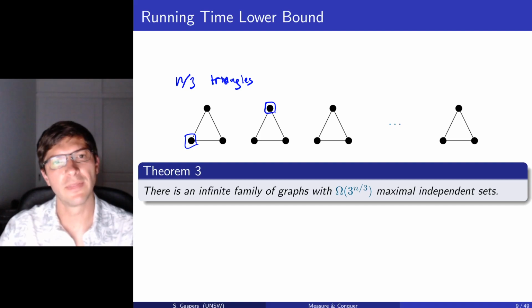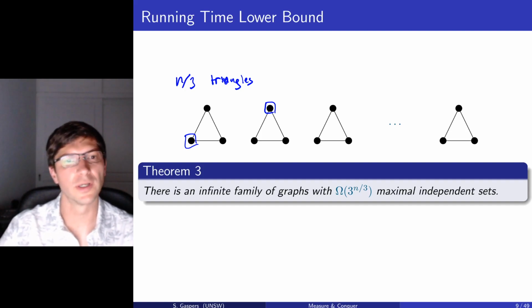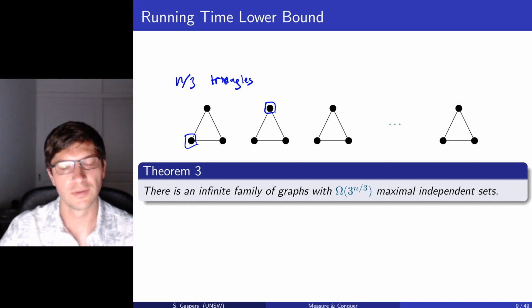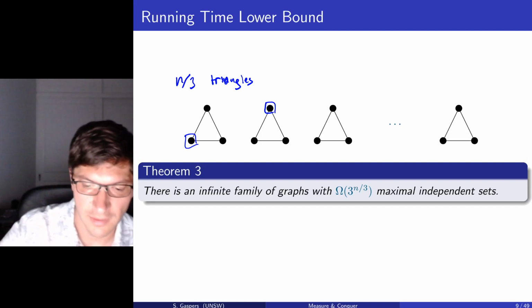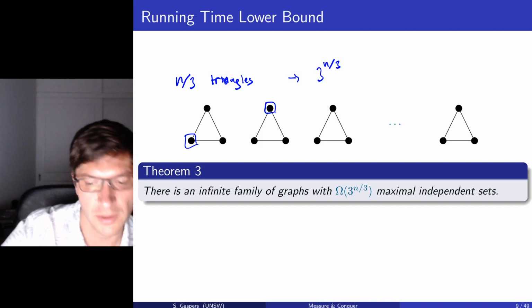And for each of the n-third triangles, we have three choices, so there's three choices which vertex from the triangle to include into the independent set. So since there's three choices and we have n-thirds triangles, we get 3 to the n-thirds maximal independent sets.